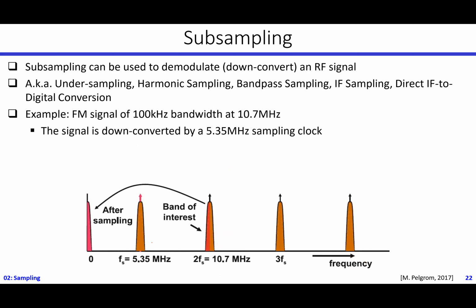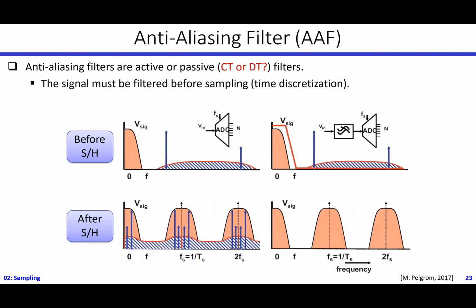In the baseband here, the integer multiple is 0, so it is still valid. We are multiplying with all the integer multiples of FS, and at each we are copying the spectrum of the original signal. So here our 2FS is basically 10.7, then my FS is just 5.35.